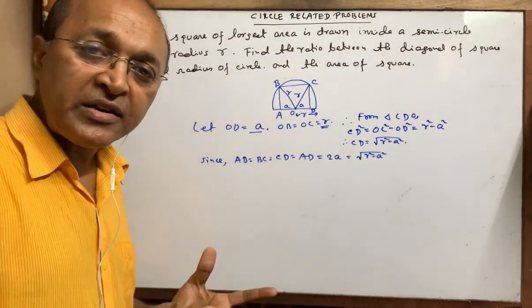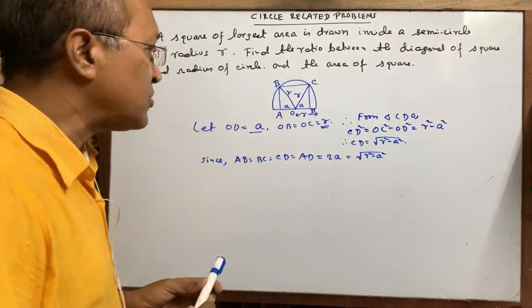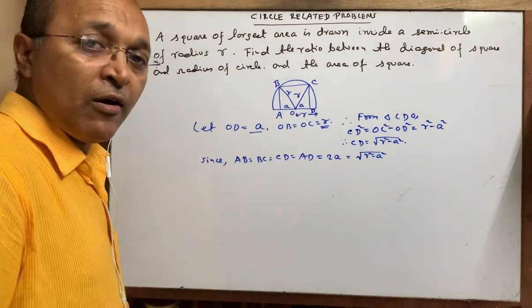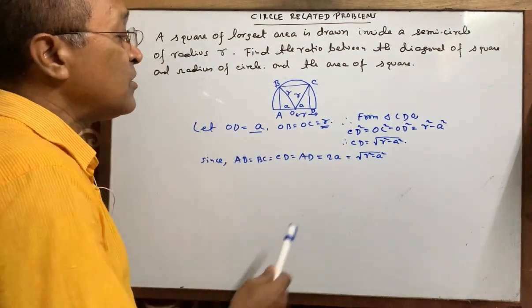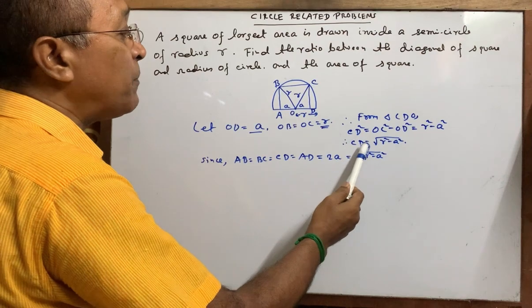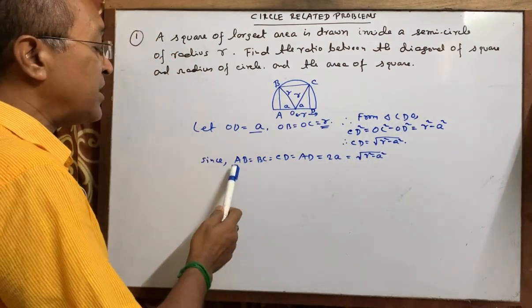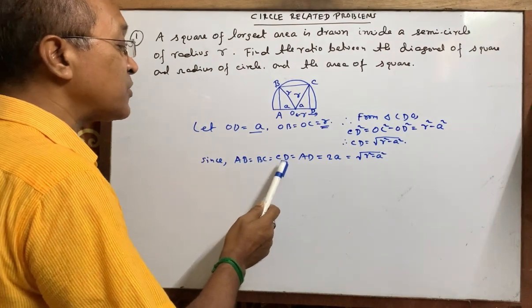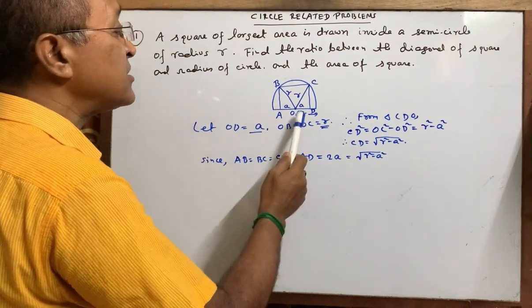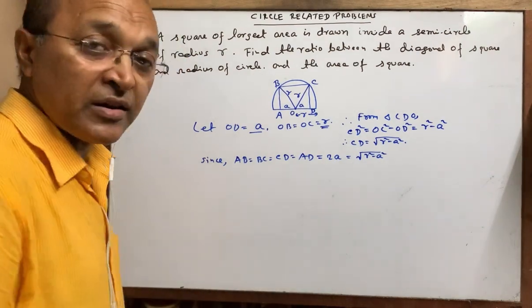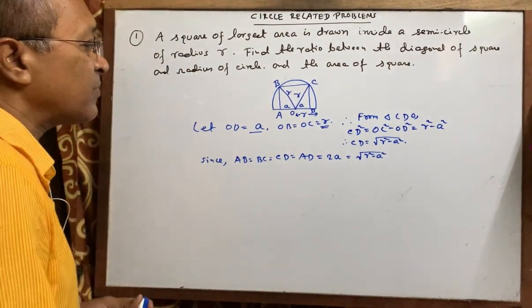All are nothing but each side of the square, because all of you know very well that ABCD being a square, all the sides are equal. Here CD has been found as root over R square minus a square. Since AB is equal to BC is equal to CD is equal to AD, that is equal to 2a. Therefore 2a is equal to root over R square minus a square, isn't it?